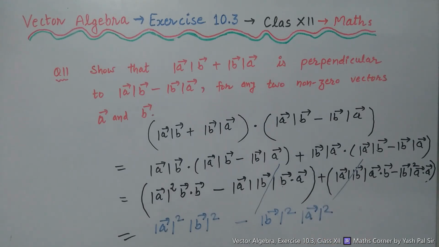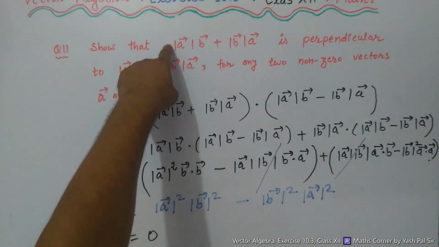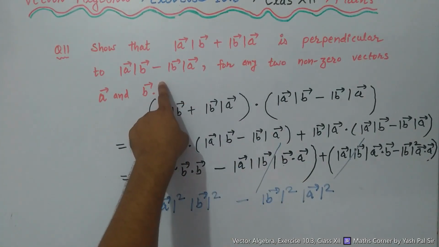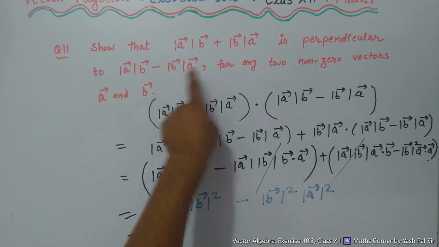So again these two are the same, so the answer is 0. Ultimately what we got, the dot product of these two vectors is equal to 0. So this was to prove: if the dot product is 0, then the conclusion is that these two given vectors are perpendicular to each other.